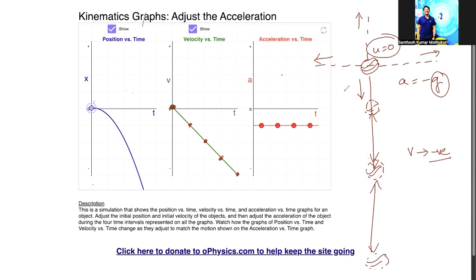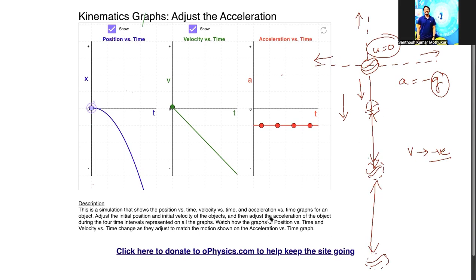Again, the position is taken along the negative y direction, that's why you can see it in the negative y-axis. So this is the translation, how we can take the acceleration versus time graph to the velocity versus time graph and the position versus time graph.